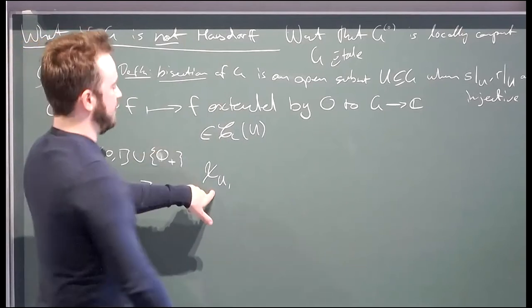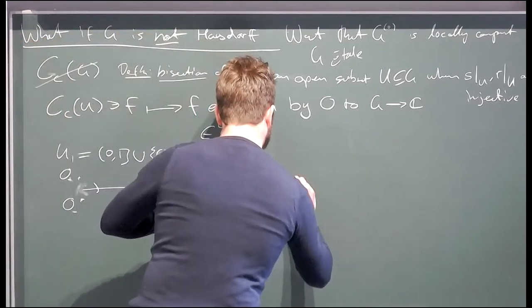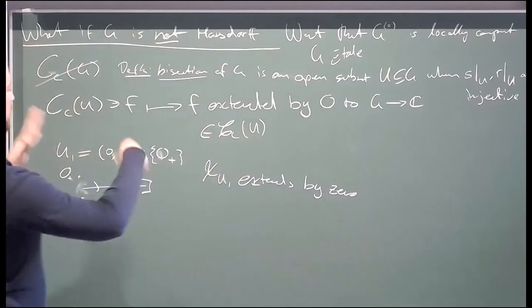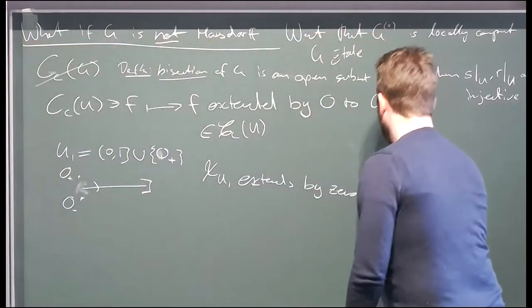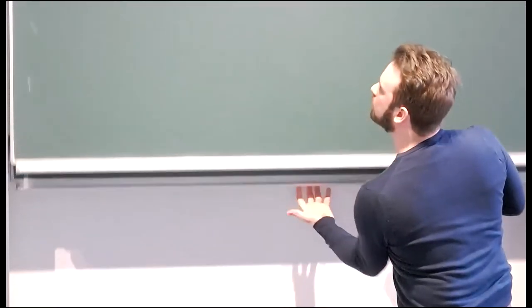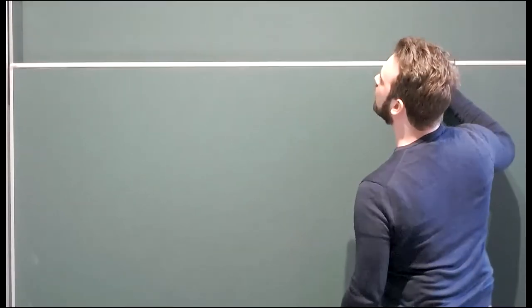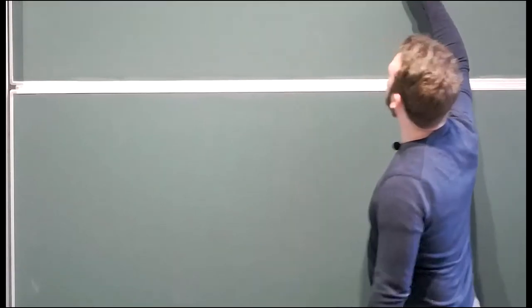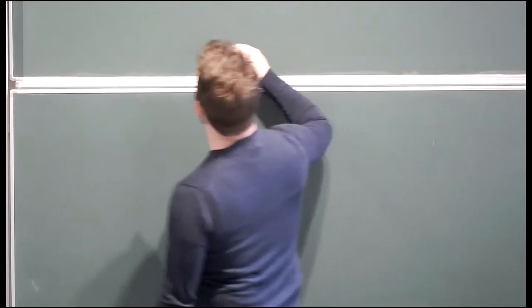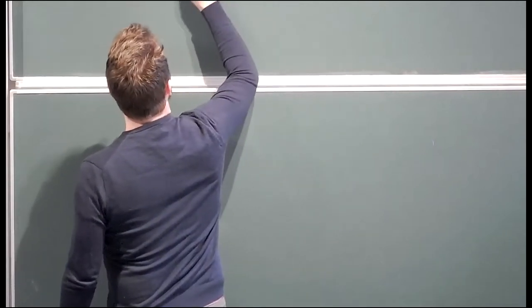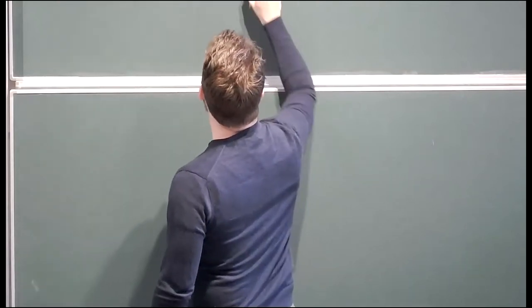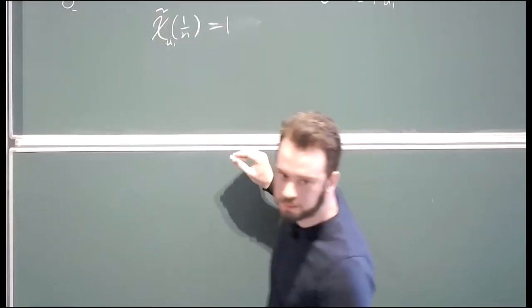But if I extend this by 0 to call this chi U1 tilde, then if I take the sequence 1 on n, this is always equal to 1 for all natural n.